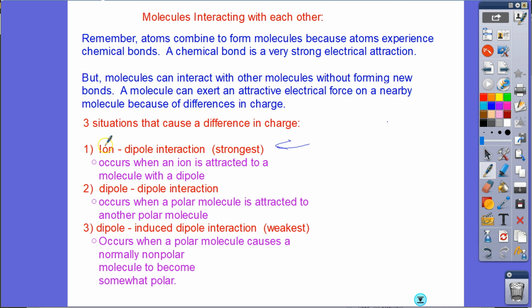That's not as strong as an ion attracted to a dipole, but it's stronger than a dipole attracted to an induced dipole. And induced sort of means to cause, something that has been created where it wasn't before. This occurs when a polar molecule causes a normally non-polar molecule to become slightly polar.